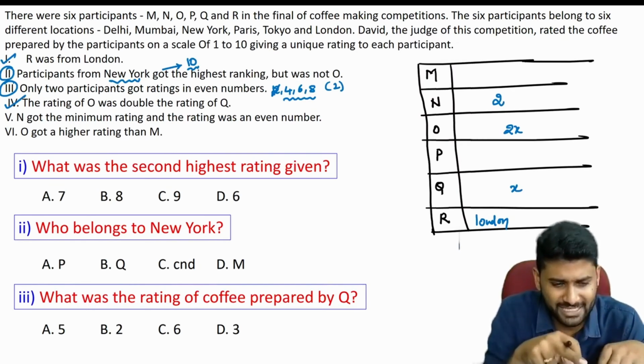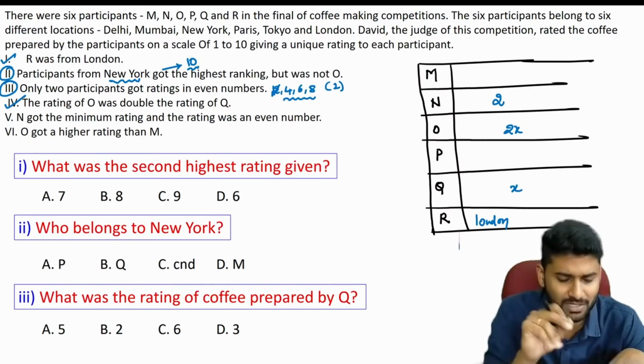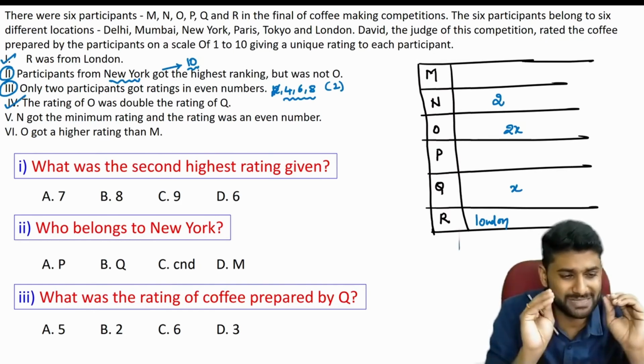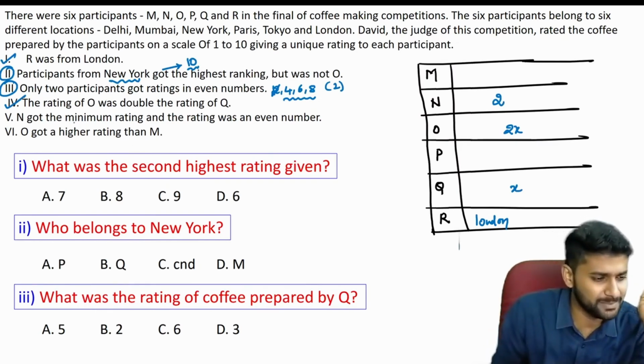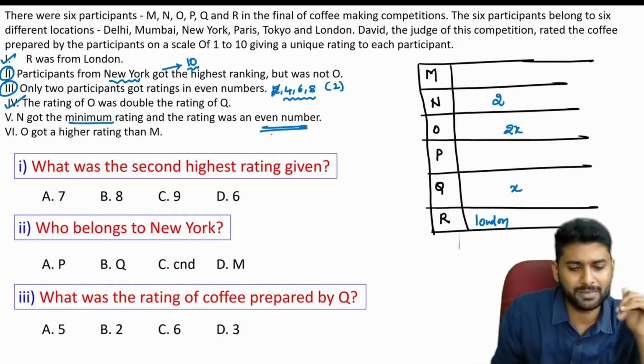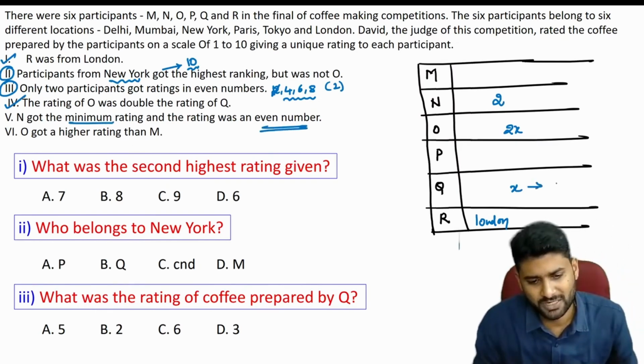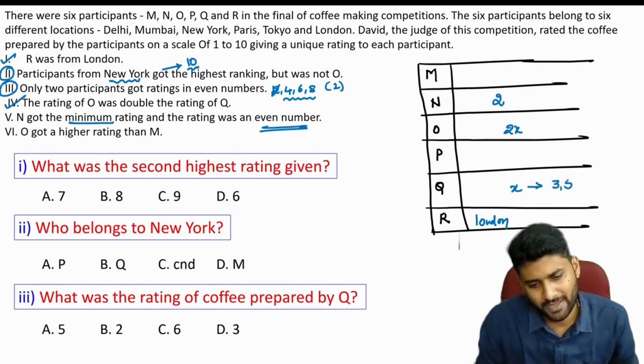If you take X equal to 4, 2X must be 8. If you take X equal to 6, 2X would exceed the limit. So X and 2X must be even numbers, and the minimum number is 2. What can be the X possibility? Either 3 or 5 or 7.